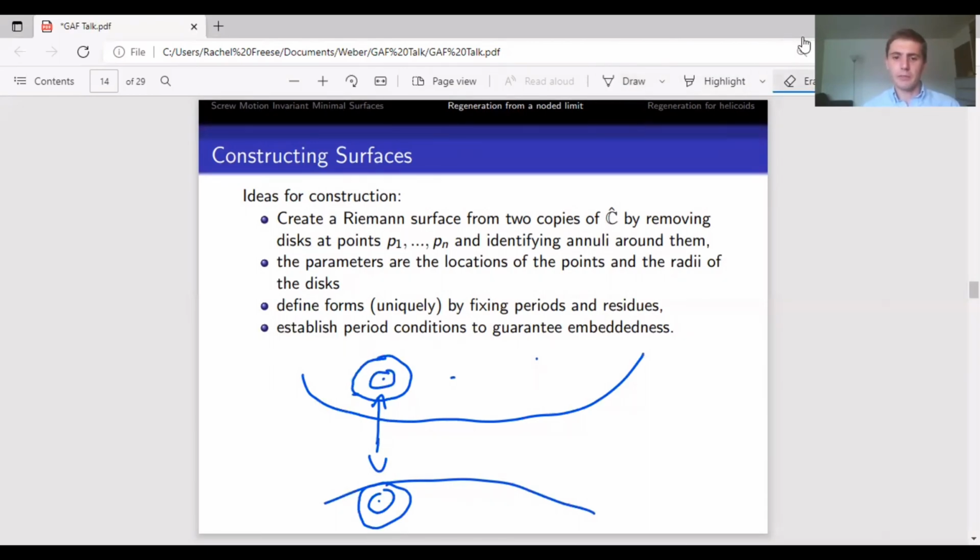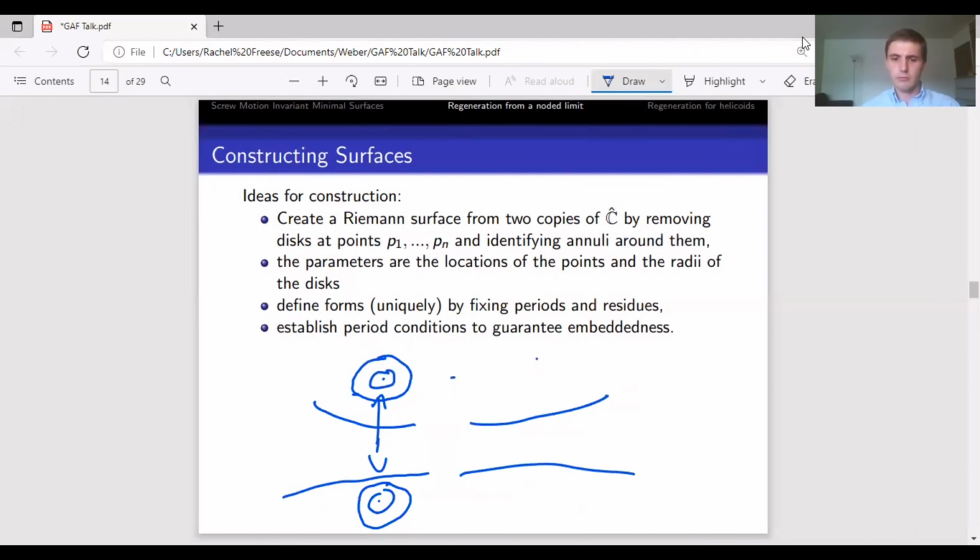Actually, hold on, let me read this a little bit more. All right, so say we're going to remove disks. And so we basically end up with annuli.